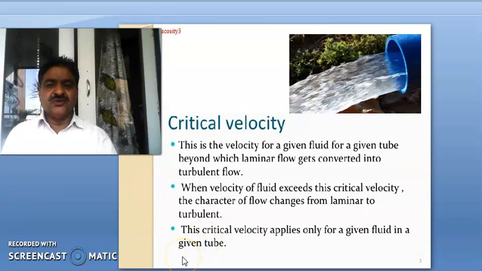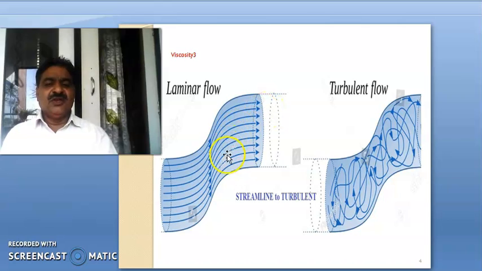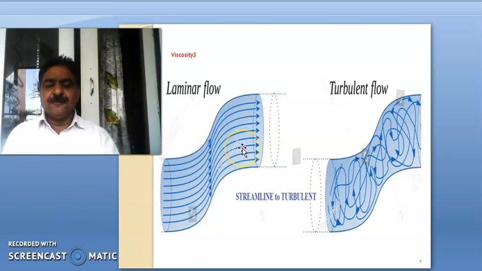Now I will show you a picture, the exact nature of the turbulent and laminar flow of the fluid. See now, here fluid is going to flow from left to right like this. Here flow is steady. Texture you see here, all these layers move in a parallel way.